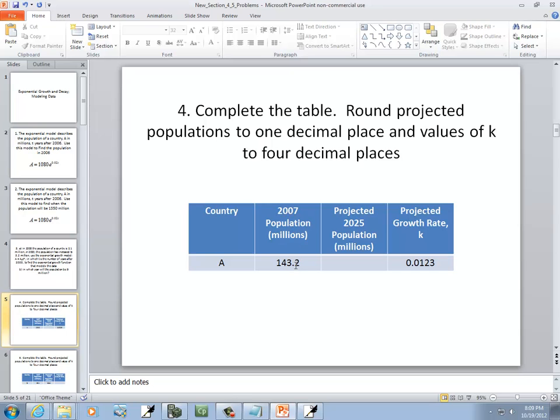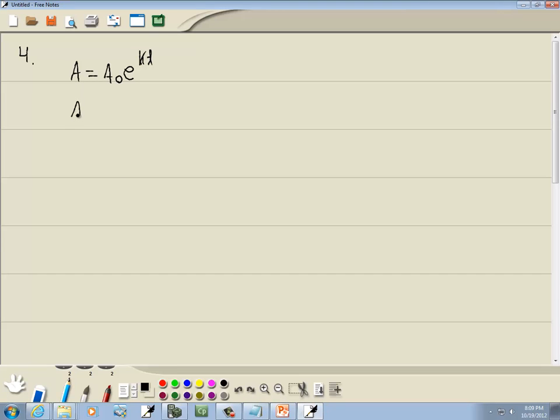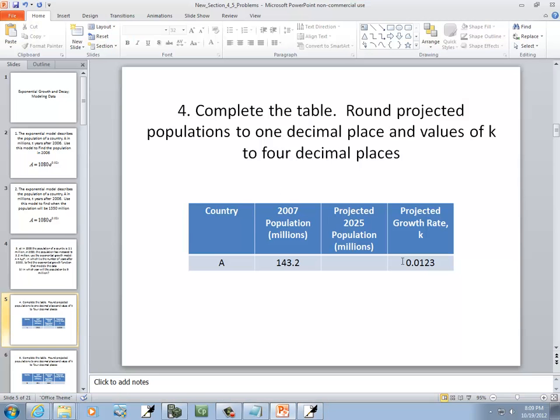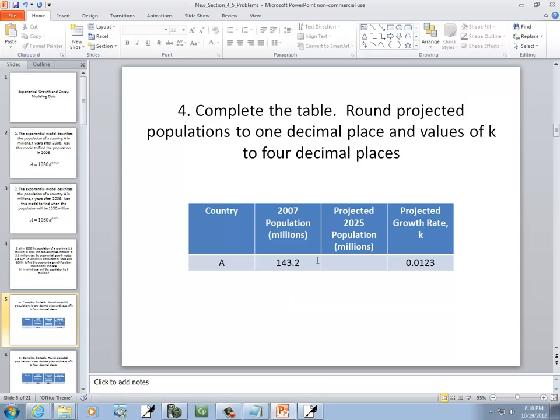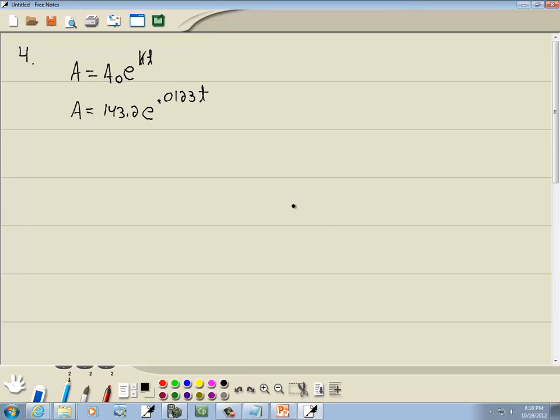So this is A naught they're giving us. $143.2 E, and they're giving us K, so 0.0123 T. Okay, and what they're wanting is projected 2025 population. So they're wanting A, but T is what we have to figure out.